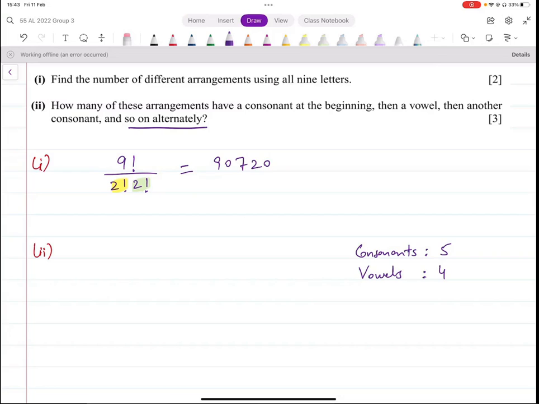Can we still, even if it was not given, let's say it says how many of these arrangements have consonants and vowels coming alternately?